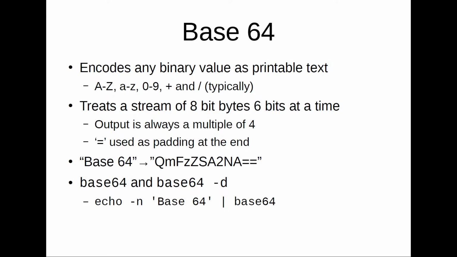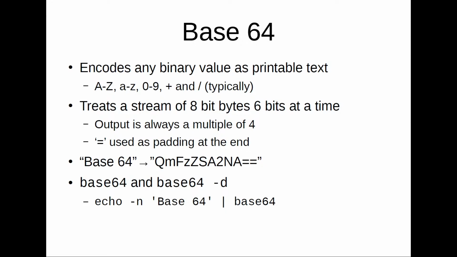And base 64 uses capital A to capital Z, lowercase a to lowercase z, 0 to 9, and typically plus and / for the characters that are left. Sometimes you'll see different ones, but most standards use plus and /. Base 64 treats each stream of 8-bit bytes 6 bits at a time, which means the output's always a multiple of 4.